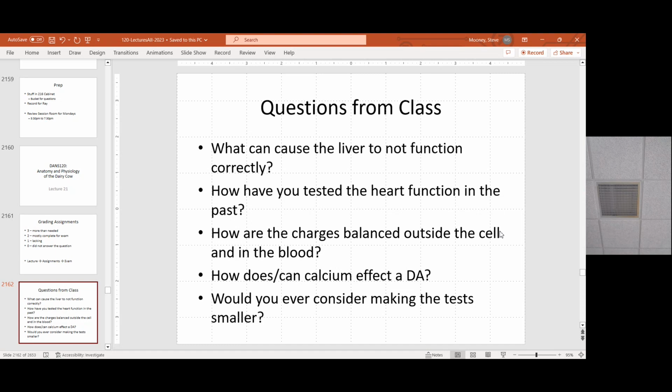So in the cell, as a rule, and outside the cell, the positive charges have to equal the negative charges. So what is the primary intracellular electrolyte? Most of the time, that's potassium, right? Intracellular cation. What's the primary outside?